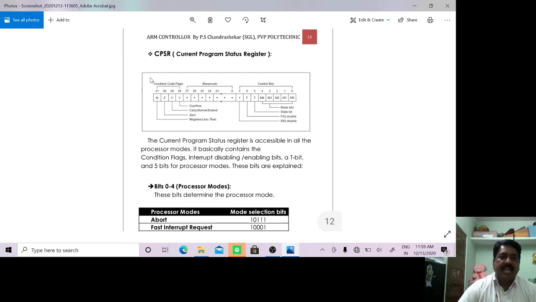So every time the CPSR will be saved into the corresponding SPSR, and the CPSR will be made free to indicate the conditions or outcomes of the programs which are used either in user mode or in the privileged mode.